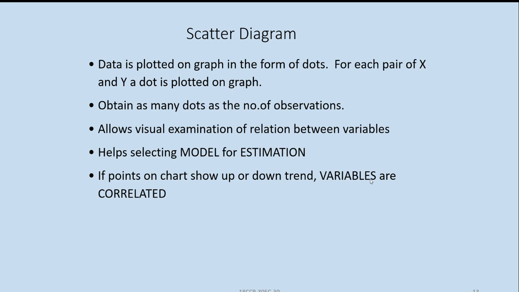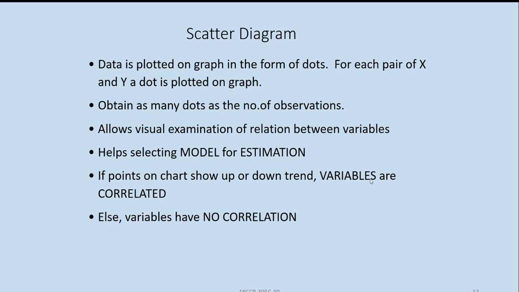For that purpose, this correlation can be used by using the scatter diagram. If points on the chart show an up or down trend, variables are correlated. Up or down trend means whether they are moving upside or downside, that we have to establish. So either way, variables are correlated. Else variables have no correlation.